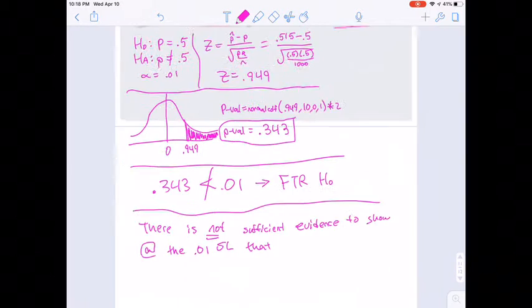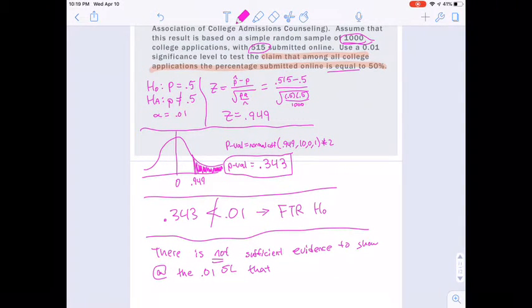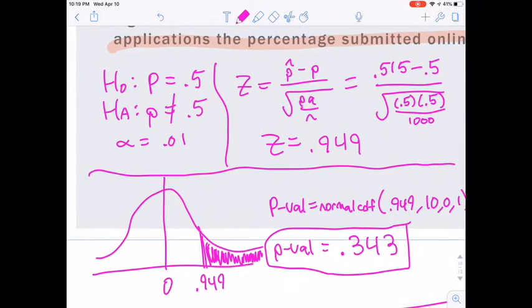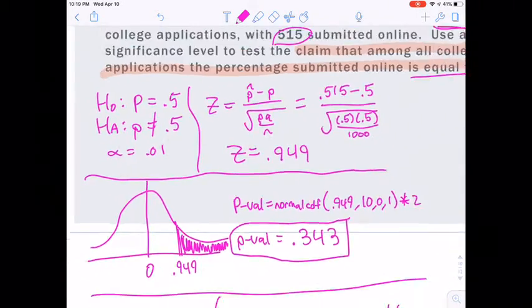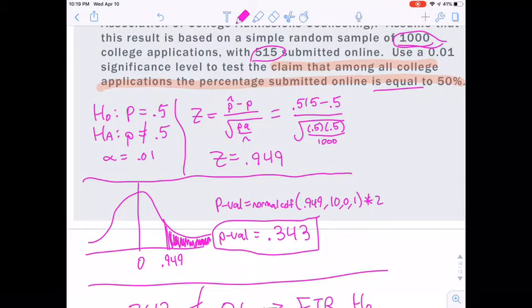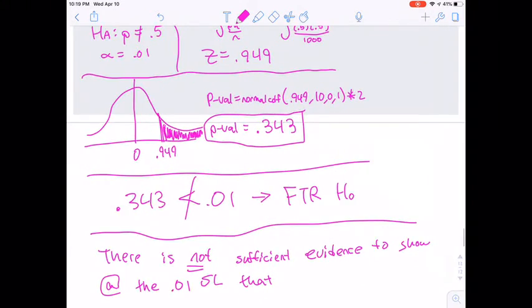and now we need to know the alternative hypothesis in words. Be careful here, because the alternative hypothesis is not equal to. The claim says the percentage of submitted online applications is equal to 0.5, but the alternative says not equal to. So this is a tough one to word.